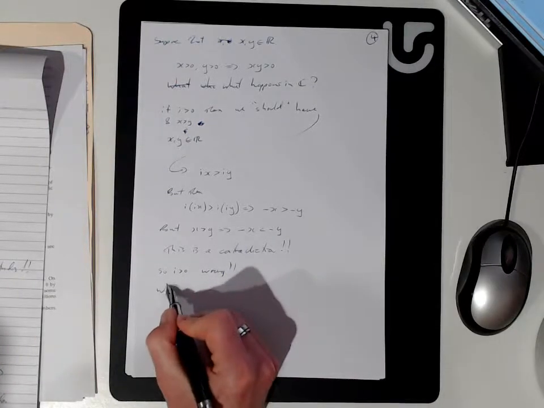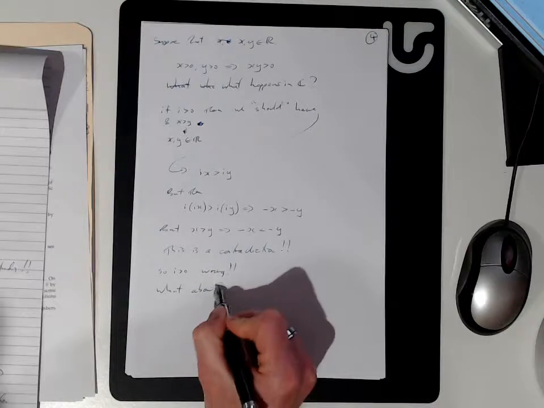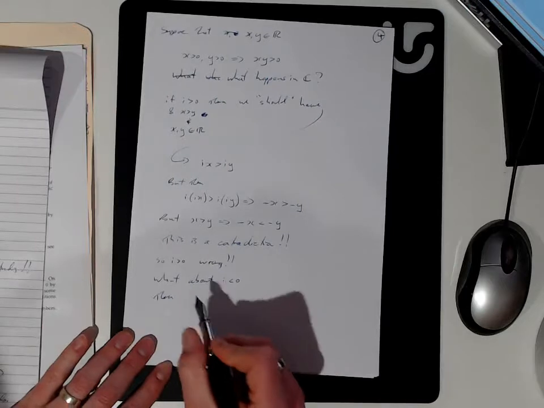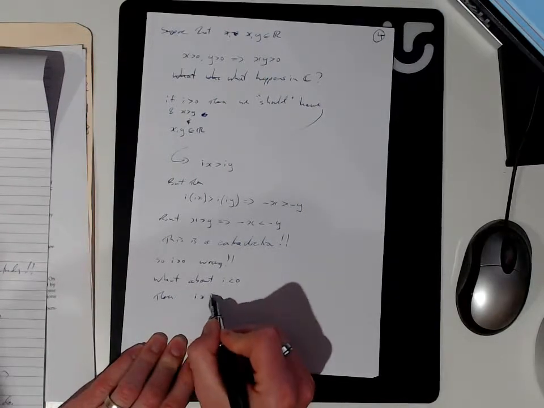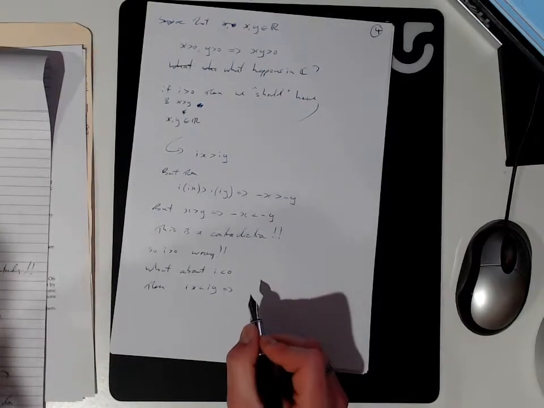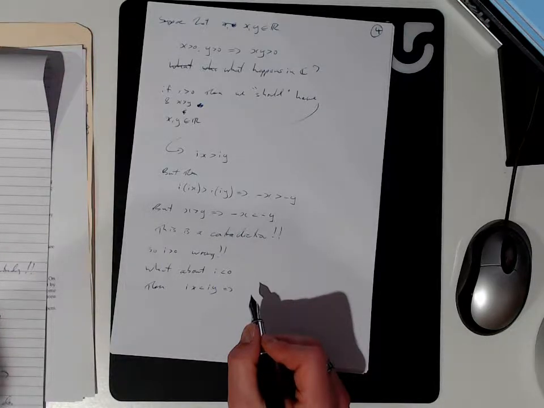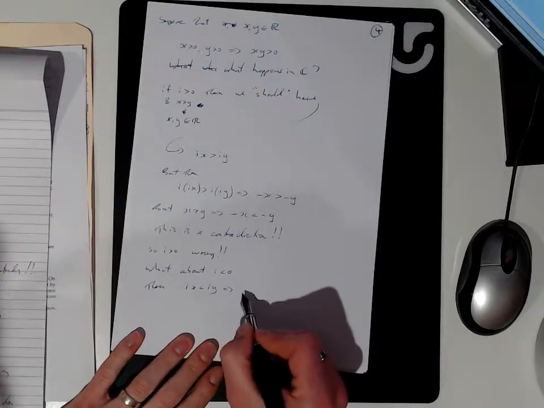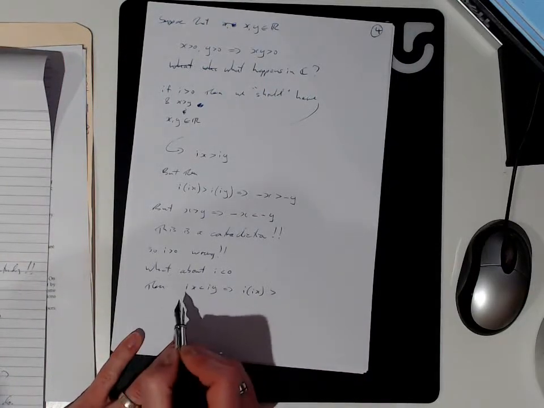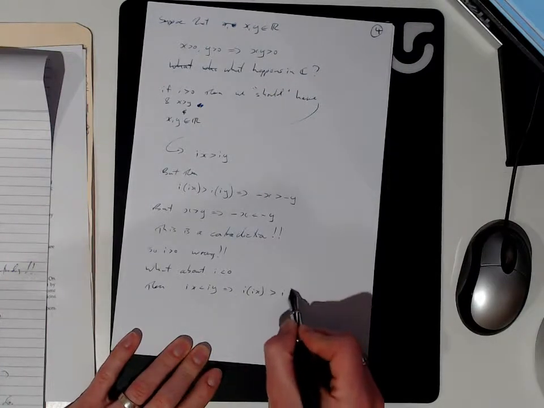Okay, well what about i less than 0? Well, then we would have ix is less than iy, and that implies that we times it by i again. ix is greater than, because we have less than, so we've multiplied once, flip the sign around, multiply again, flip the sign around the other way.